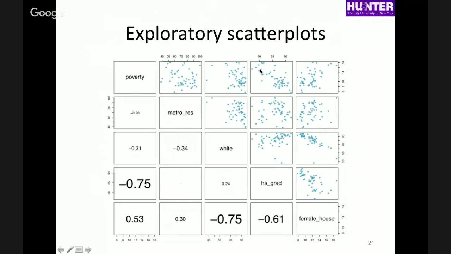So we have less poverty with more high school graduation, and we have more poverty with a higher percentage of female-only heads of house. And we have a negative relationship between them.